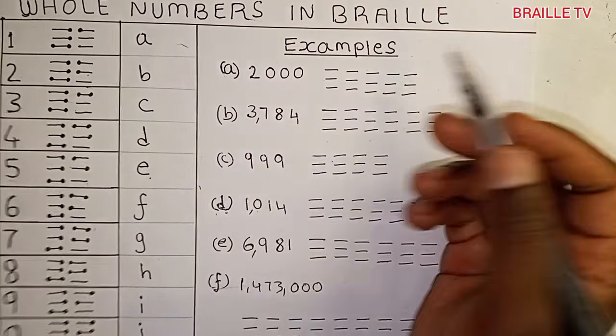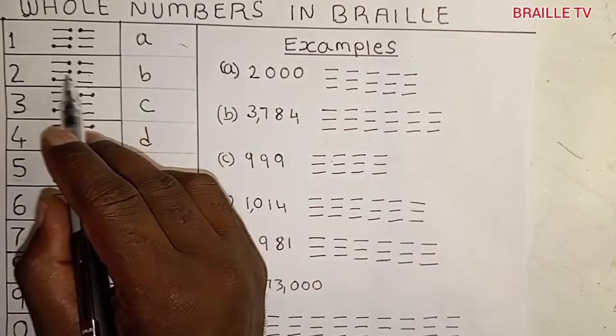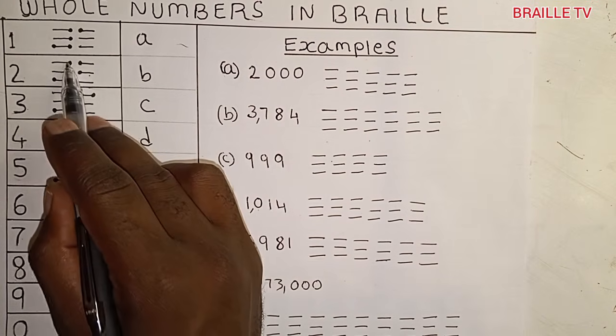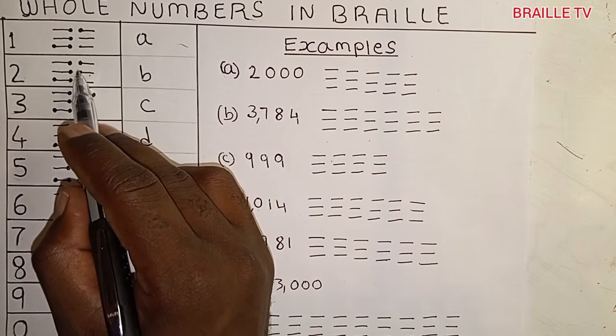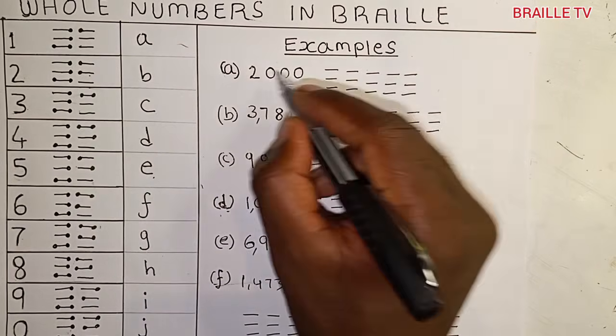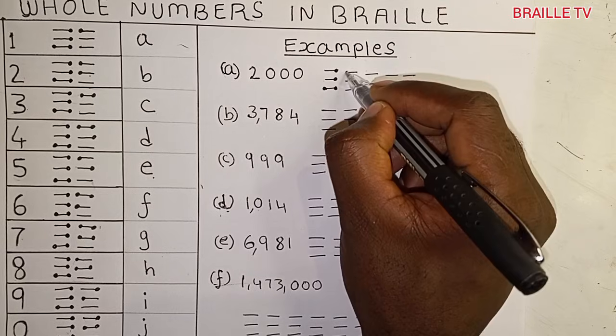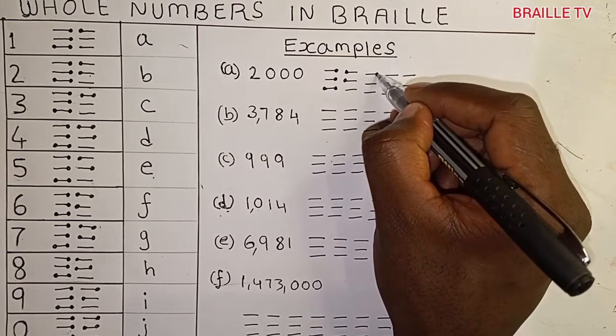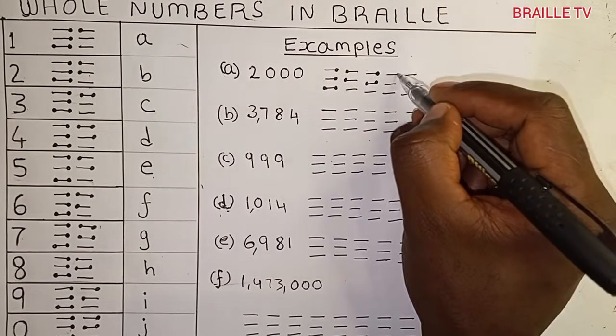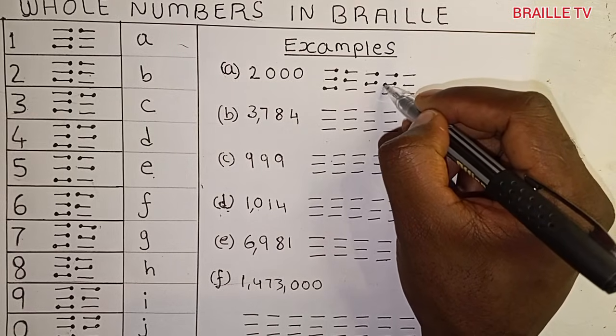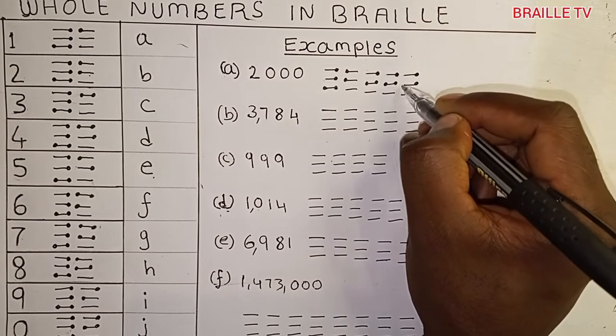And I told you 2 ni B, okay? Unaona 2 inaandikwa numeral sign, B inakuwa 2. So hapa 2000 tutaandika hivi numeral sign, unaandika 2, that is B, and then unaandika 0. I told you 0 ni J, and then 0 ingine is a J.